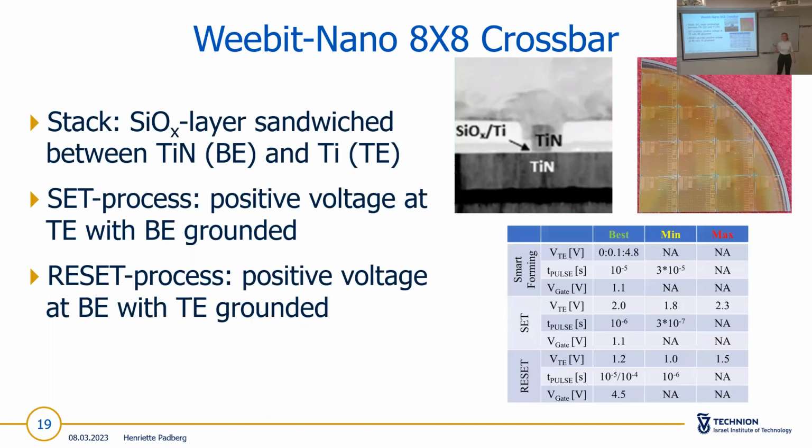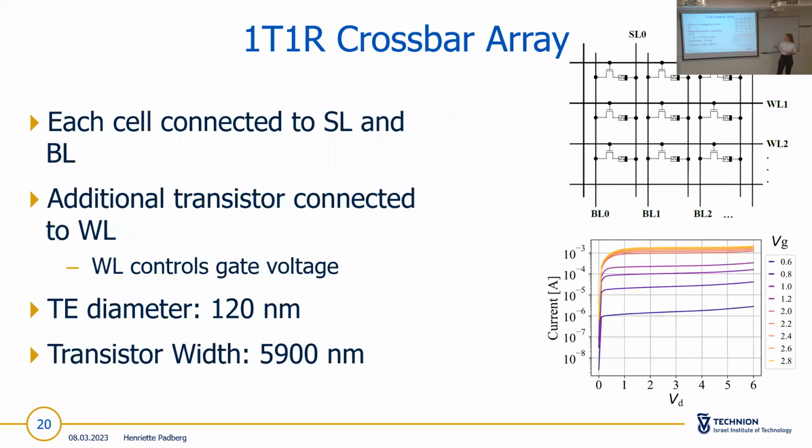Here you can see the ideal measurement parameters given by the manufacturer Weebit Nano, but I will also do the characterization experimentally myself. Here you can see the 1T1R crossbar array. Each cell is connected to a select line and a bit line, and to open one of those, the select line and bit line have to have the same index.